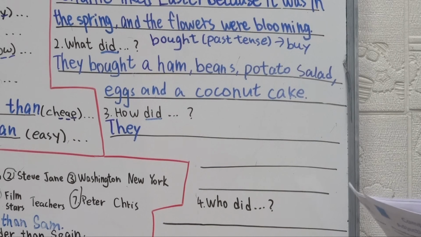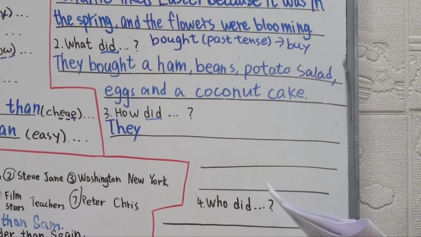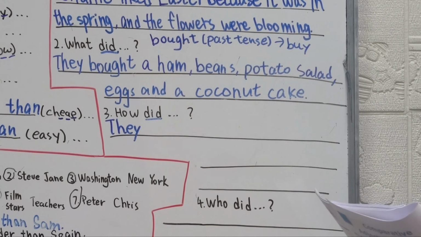Which paragraph talks about decorations? Decorate. When you want to decorate something, you want to put on something to make it beautiful, right? So here they ask you, how did they decorate the house for Easter? Which paragraph tells you about decoration?